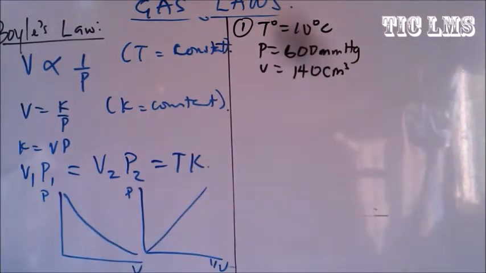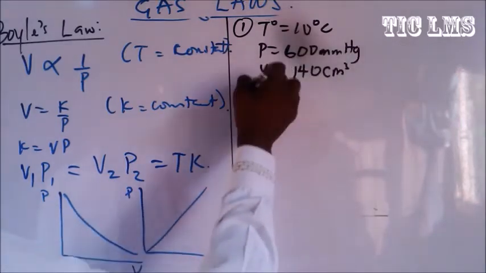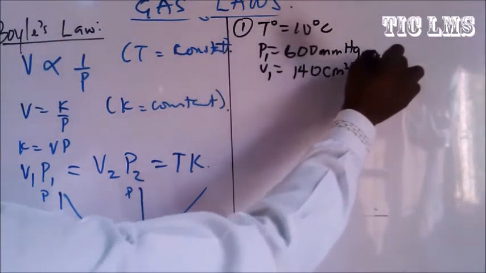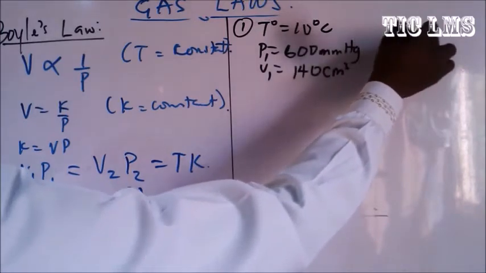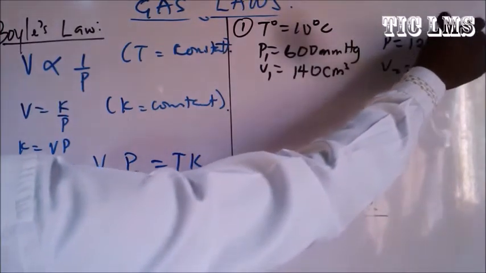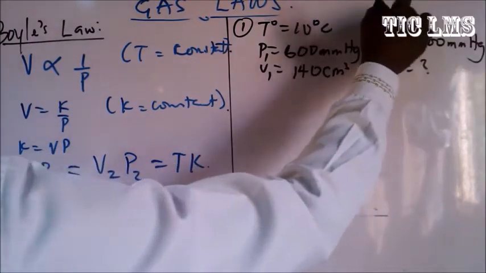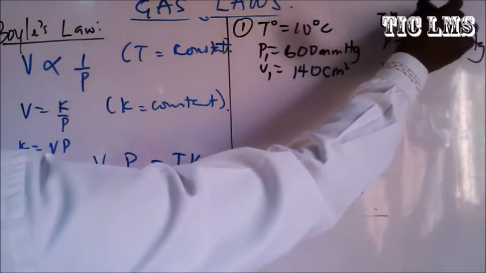Now what will be the volume if the pressure is increased to 1200 millimeter mercury, still having a temperature of 10 degrees Celsius?